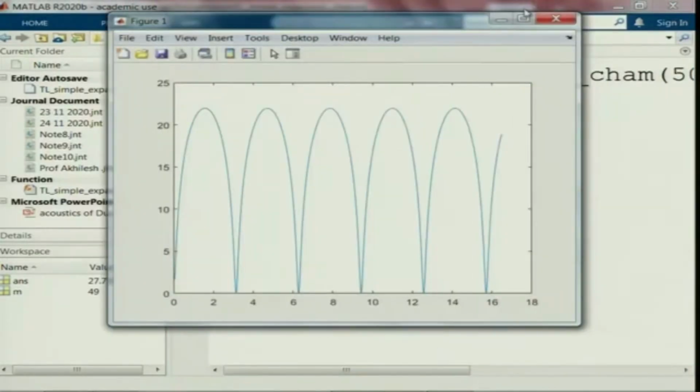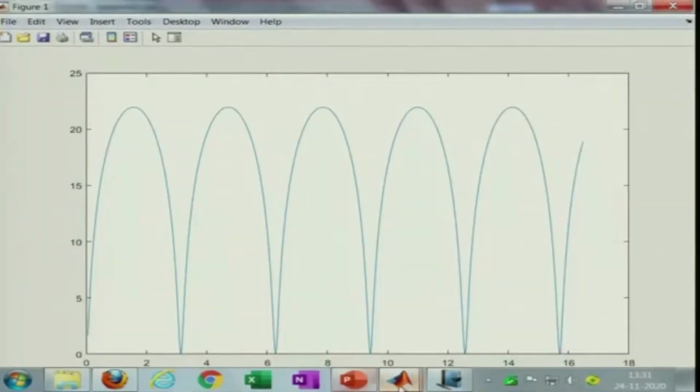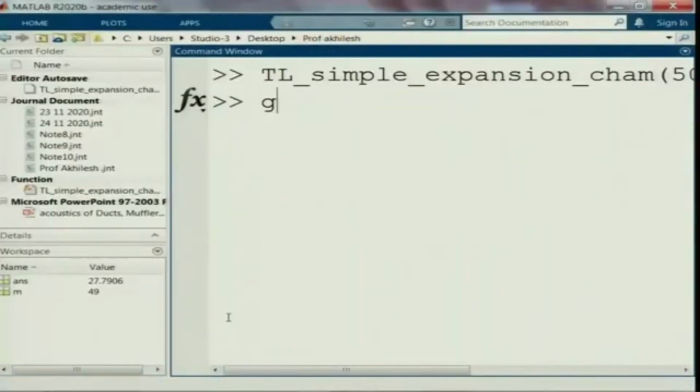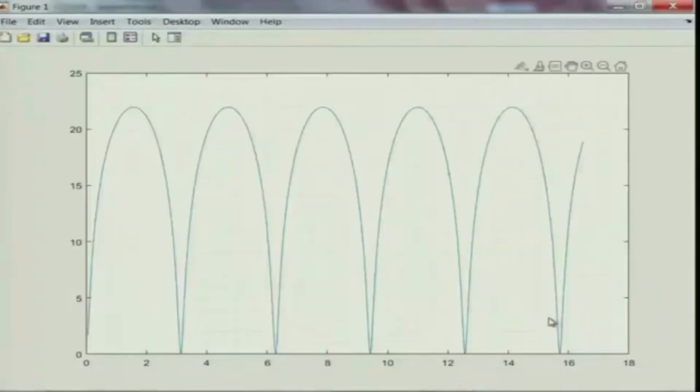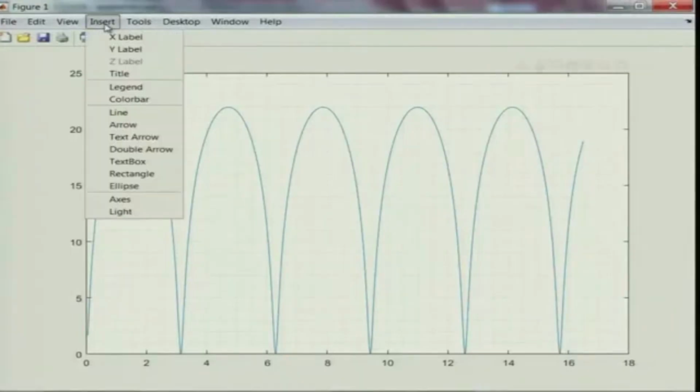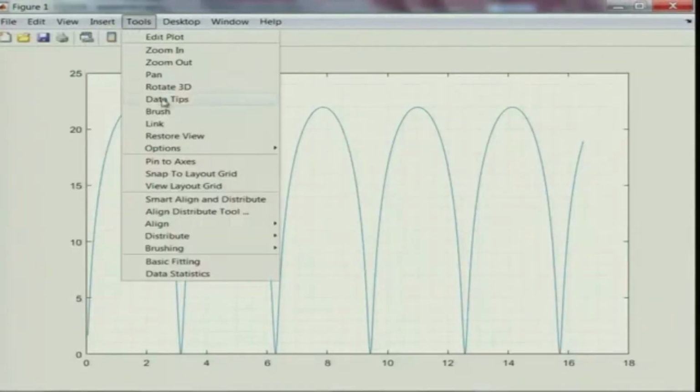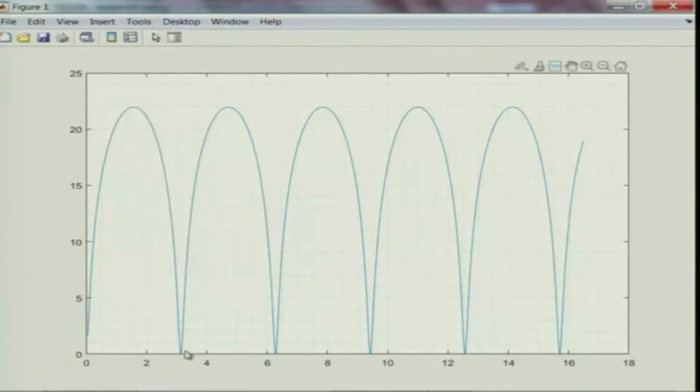We get this, and let me draw the grid, grid on or grid minor. We will get this. We could use the data tips here and get an estimate of the value. So, this is 3.14, approximately pi; because of the placement of the mouse or frequency resolution we are not getting exactly pi, but very close to pi.